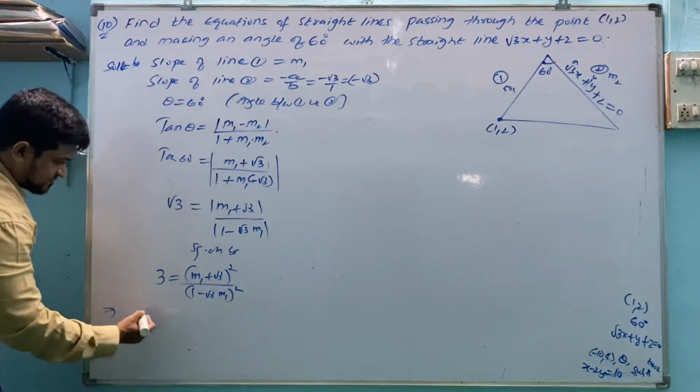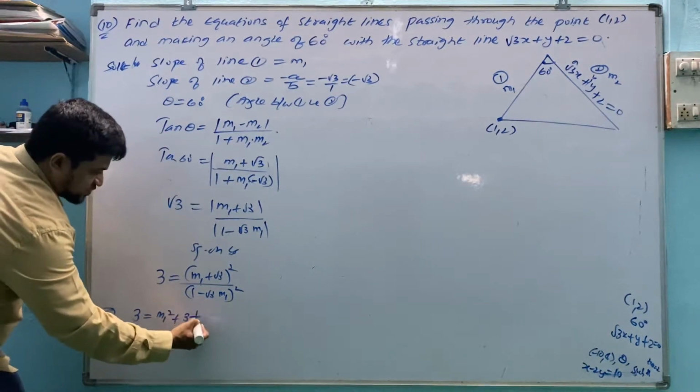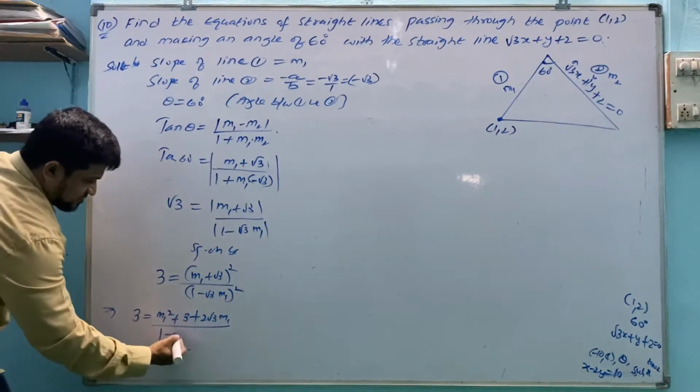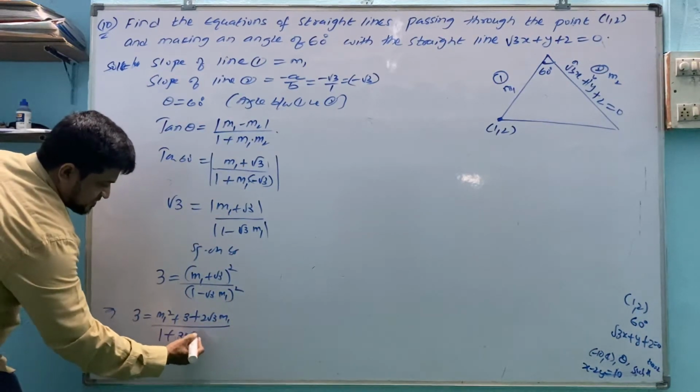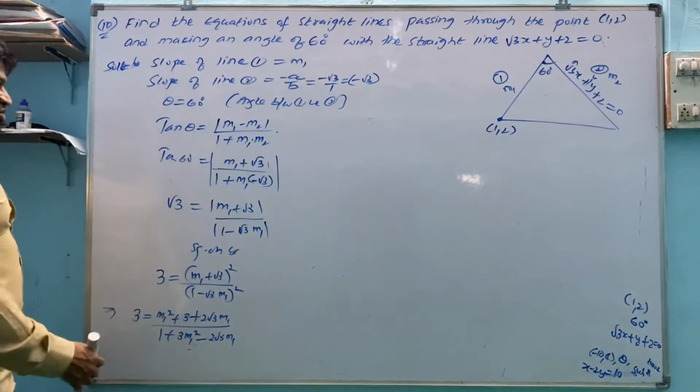This will be (a + b)^2 = a^2 + b^2 + 2ab in the numerator, and a^2 + b^2 - 2ab in the denominator. Cross multiply these two.